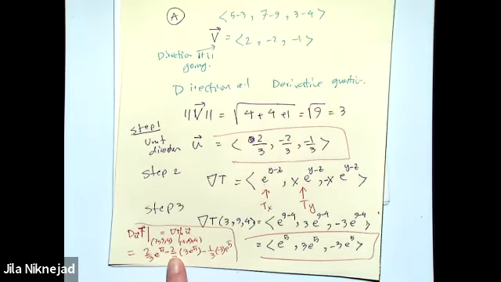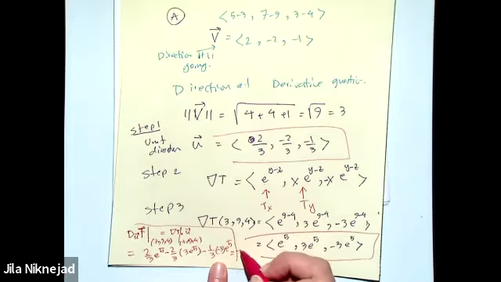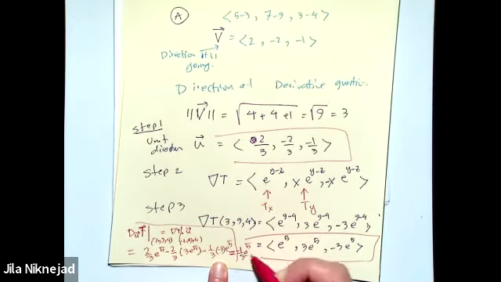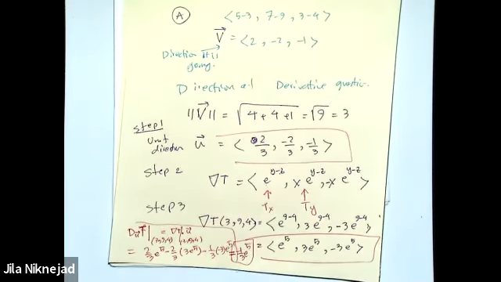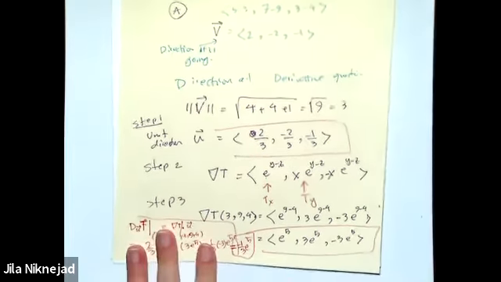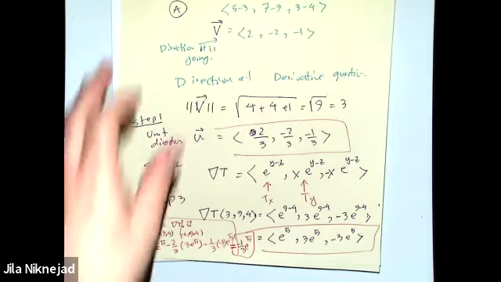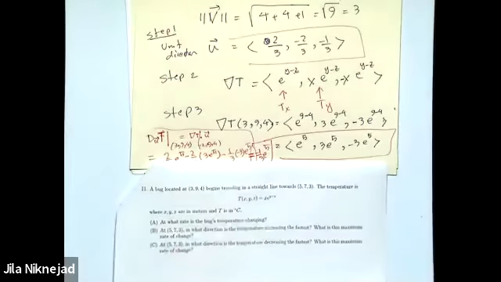So minus 1 plus 2 minus 1/3 of e to the power 5. Sorry, got messy at the end. So that said, part B of the same question is asking at 5, 7, and 3, what is the directional temperature? Sorry.